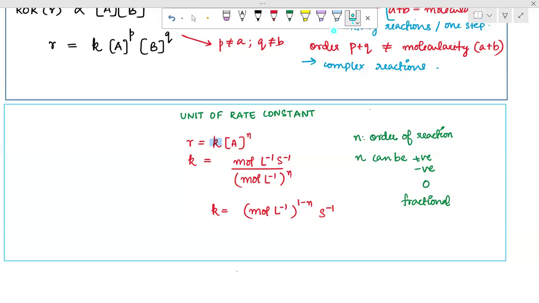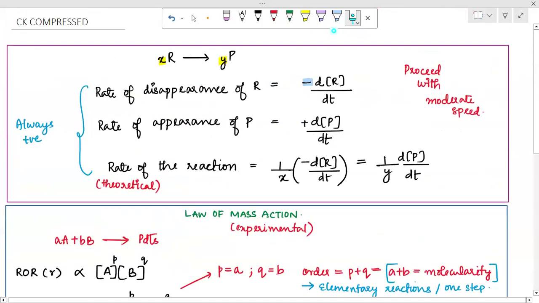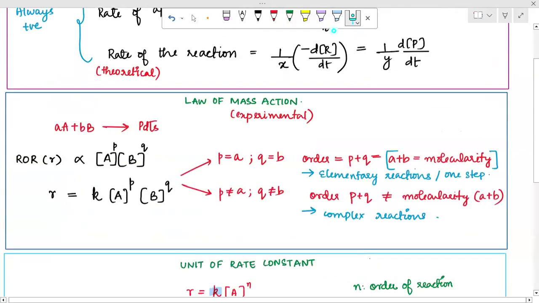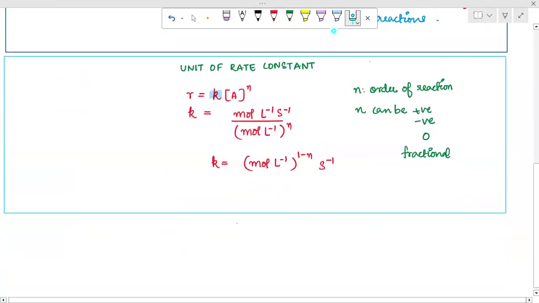I want every one of you to have a summary chart like this, which will be very helpful for revision. You can either write it down on a few sheets of A4 size paper and clip it, or keep a separate 100 pages notebook just for the summary. So this is what we have discussed.